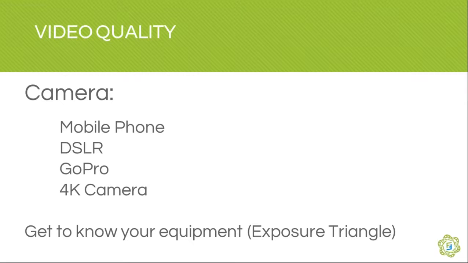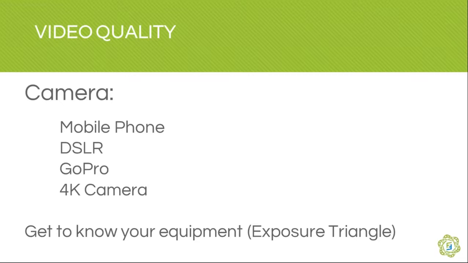There are times you may be shooting a video and you look at it later and it looks all pixelated and you can't figure out why. I haven't touched anything. The one I shot yesterday looked great, and it's probably because of the lighting and the different environment that you had one day versus the next.